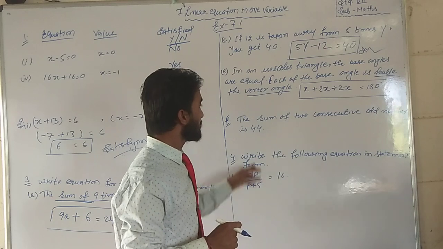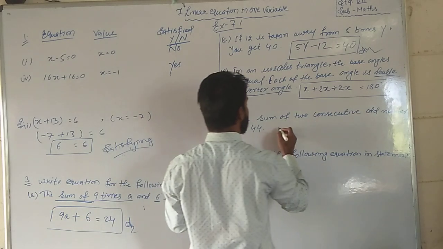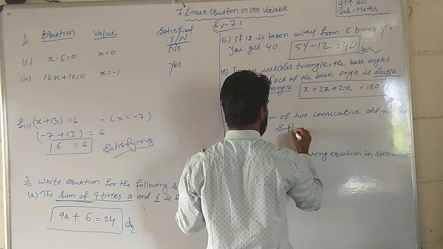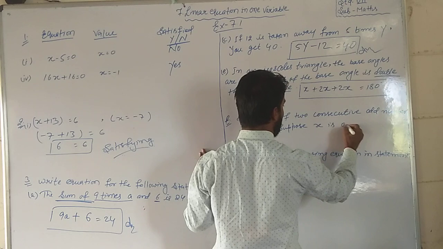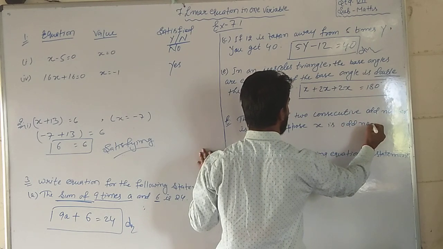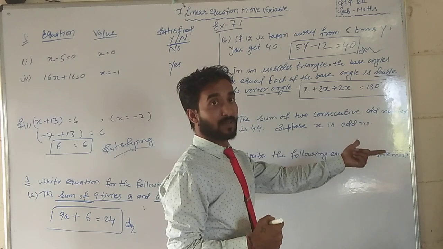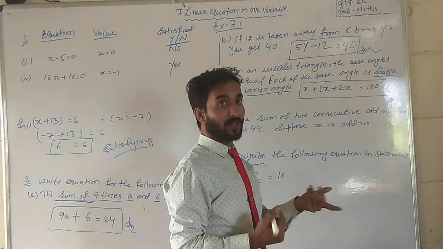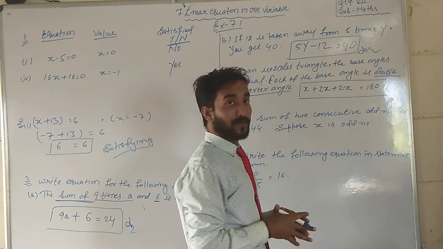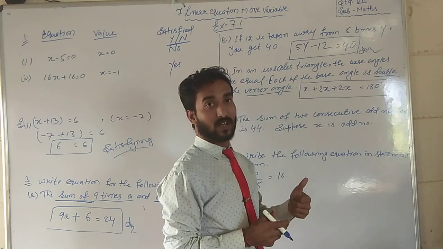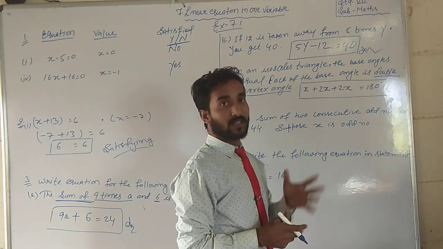Okay, students. See, the sum of 2 consecutive odd numbers. Suppose x is an odd number. Then x plus 1 will be an even number, because 1 even, 1 odd. If 1 is odd, then 2 will be even. 3 is odd, 4 will be even. 5 is odd, 6 will be even.